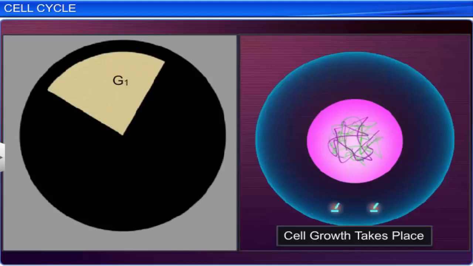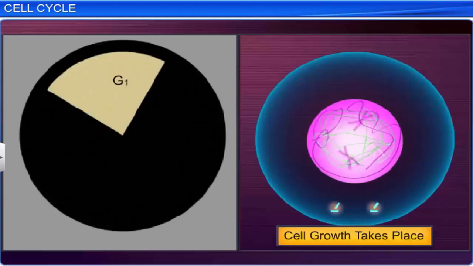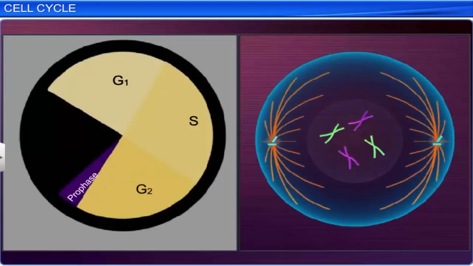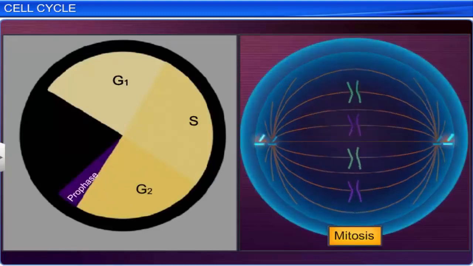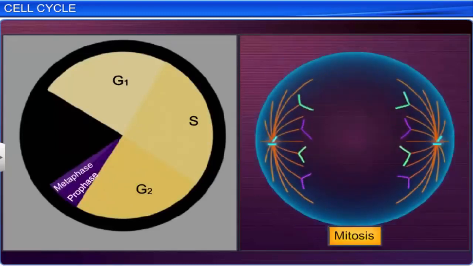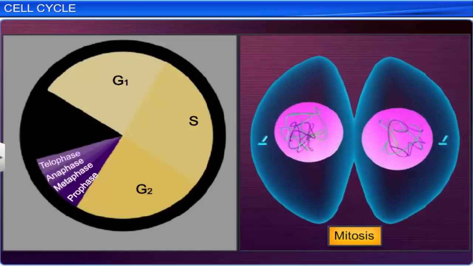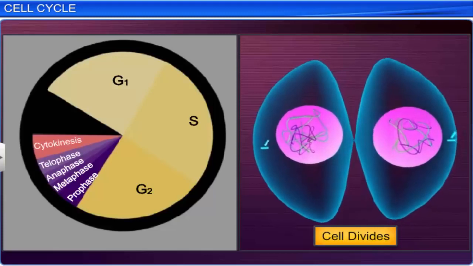During this process, cell growth takes place, followed by DNA replication and cell division.